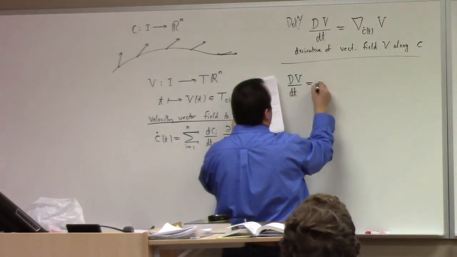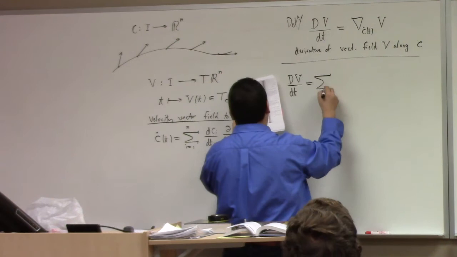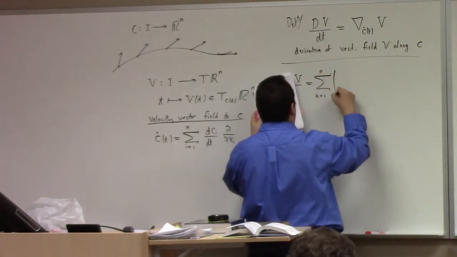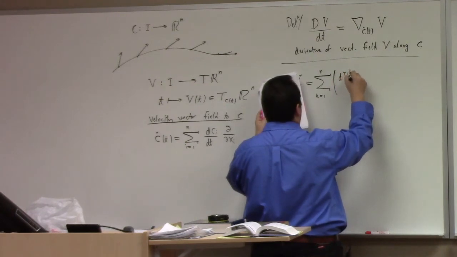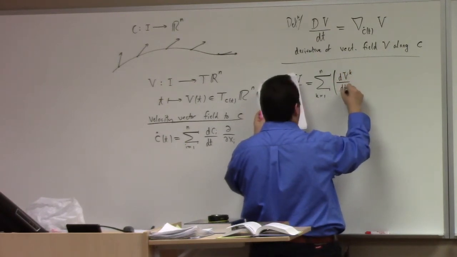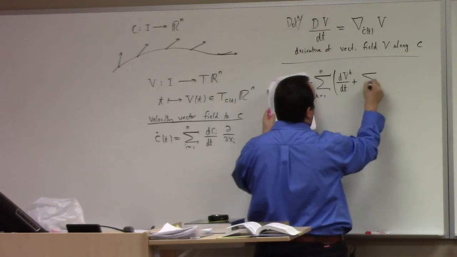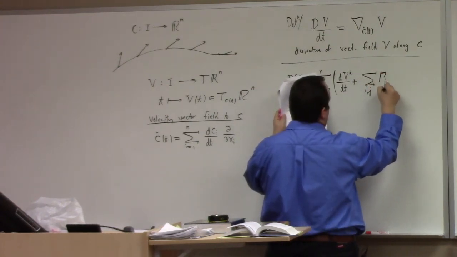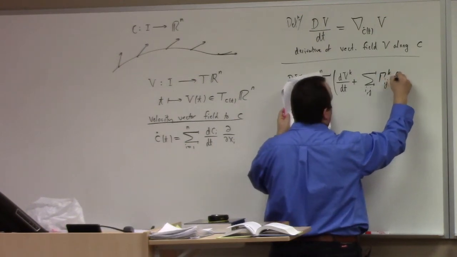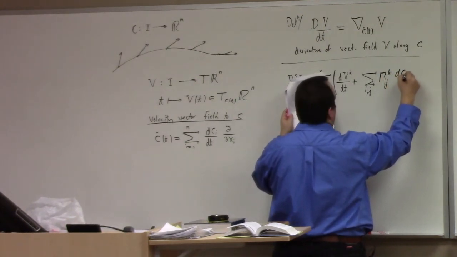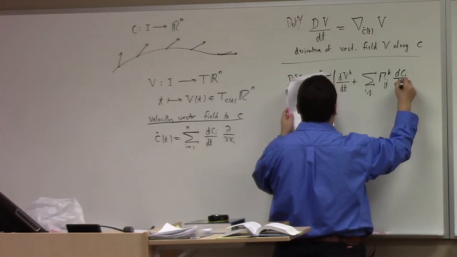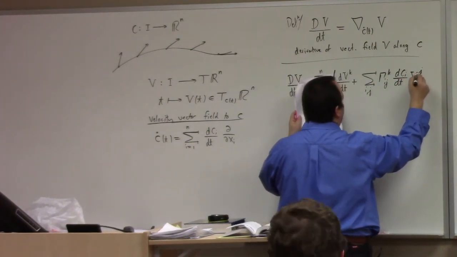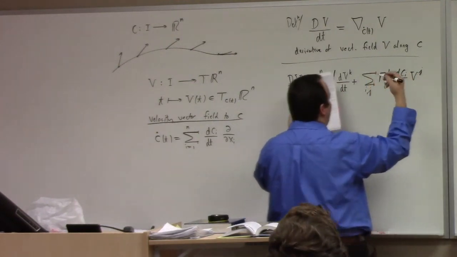DV dt is equal to the sum, k equals 1 to n, of dv^k/dt plus the sum over i and j of gamma^k_ij dc^i/dt v^j. He's got the lower index on the tangent curve, but he's got the upper index on the v.